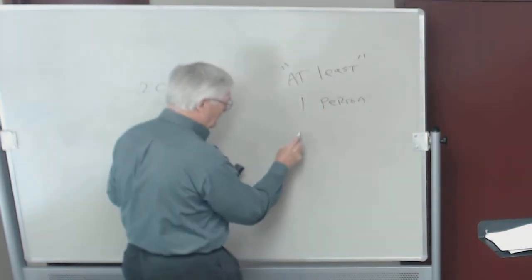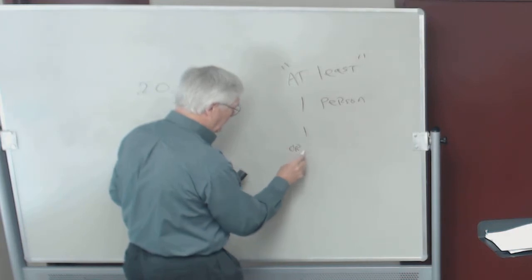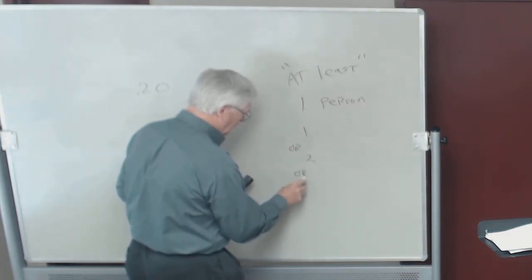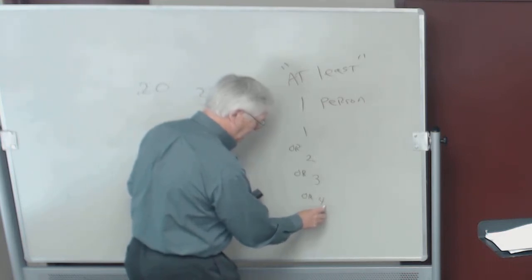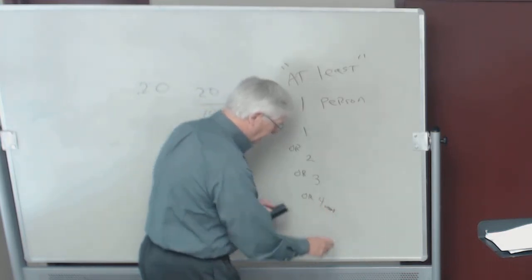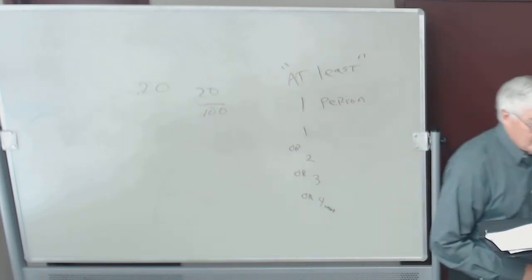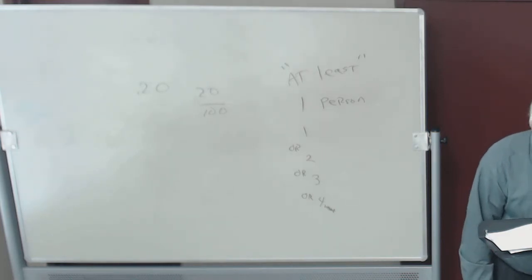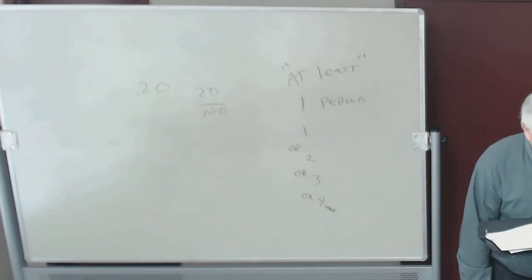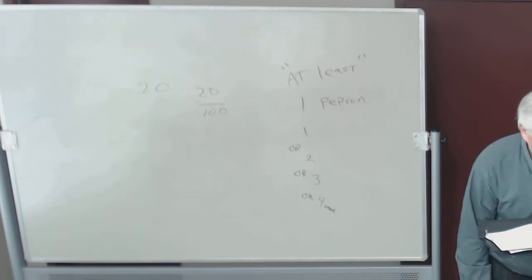That means it could be one person, or 2 people, or 3 people, or 4 or more. You follow what I'm doing? So number 18 says at least one person. What's the probability for one person?